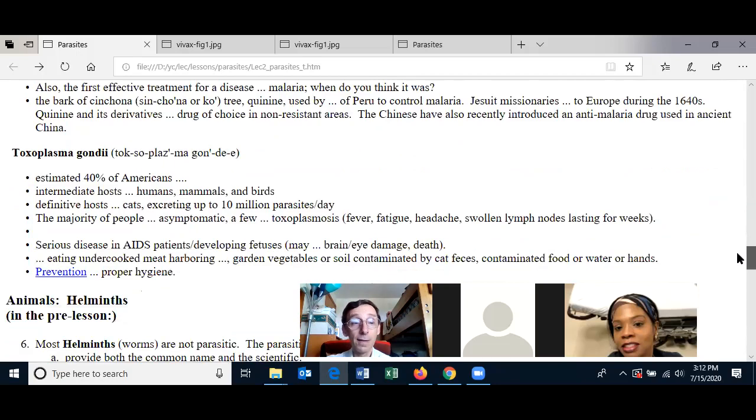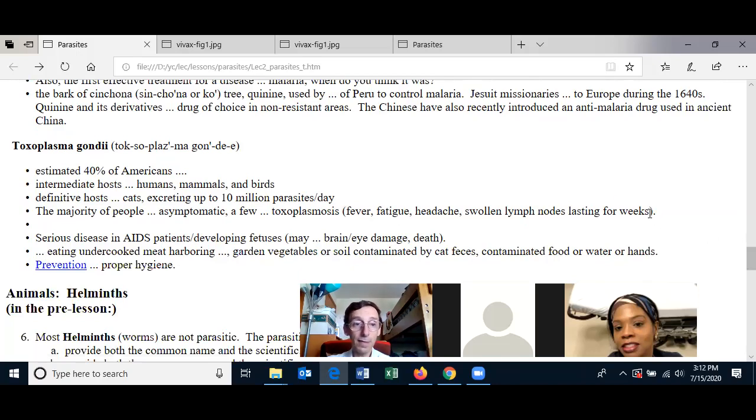All right, if not, let's talk about the last parasitic protozoan I want to talk about, Toxoplasma gondii. It's estimated that about 40% of Americans either have this parasite or have had it.